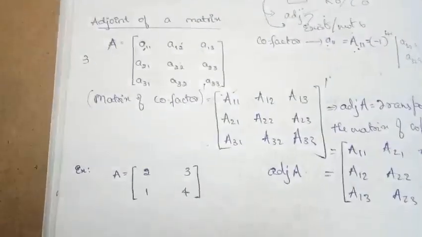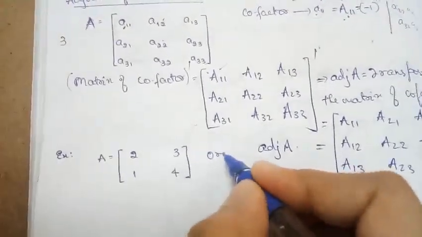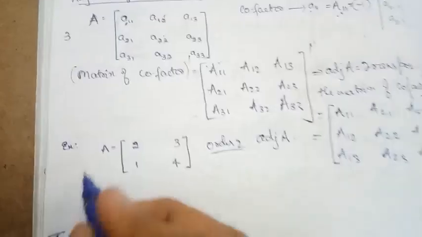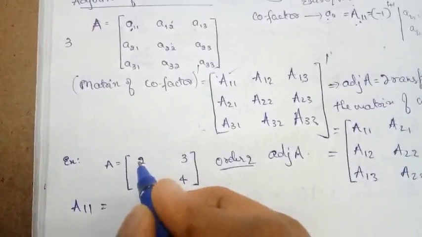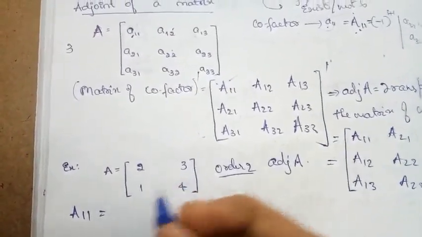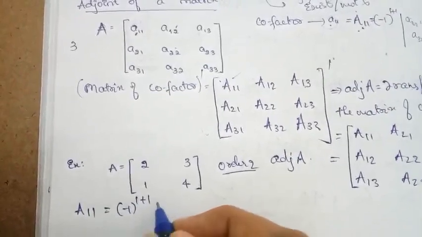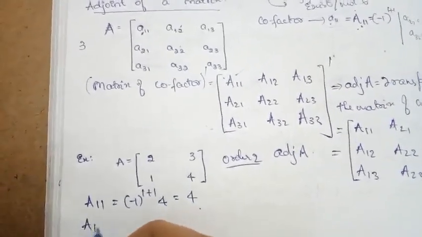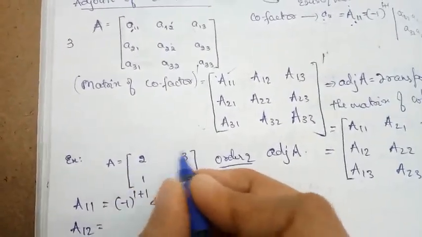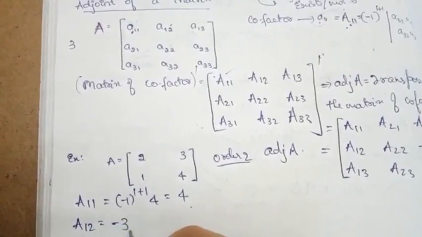For example, let us find the cofactor for a matrix of order 2. First thing is, what is A11? Deleting this row, this column, 4. That is (-1) to the power 1 plus 1 into 4, so that is 4 itself. What about A12? This is this element. Deleting this row and this column, -3.